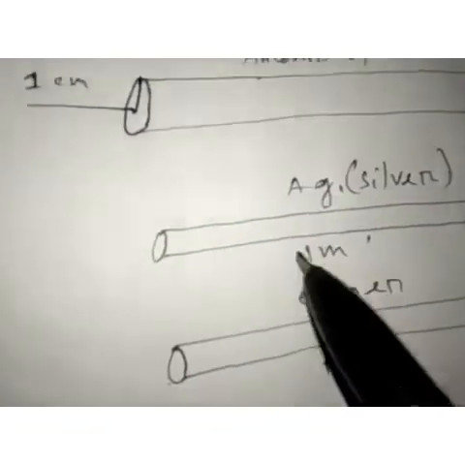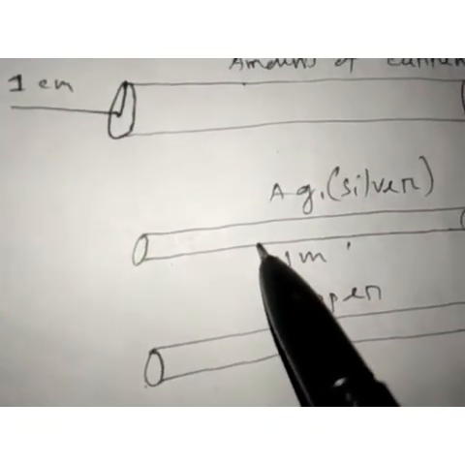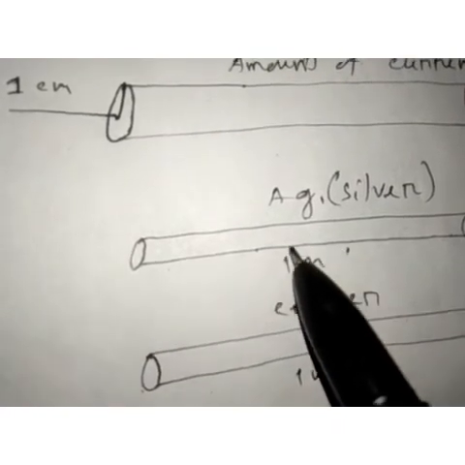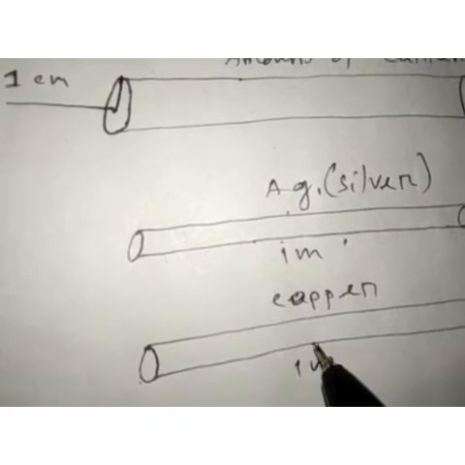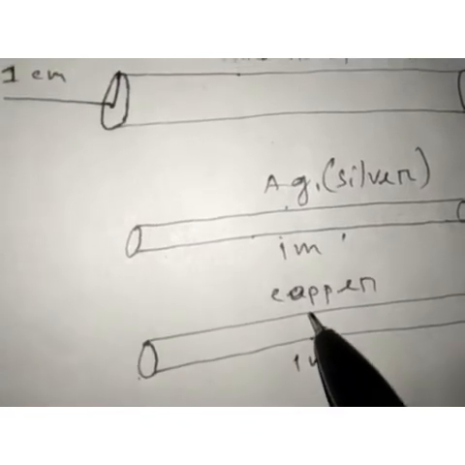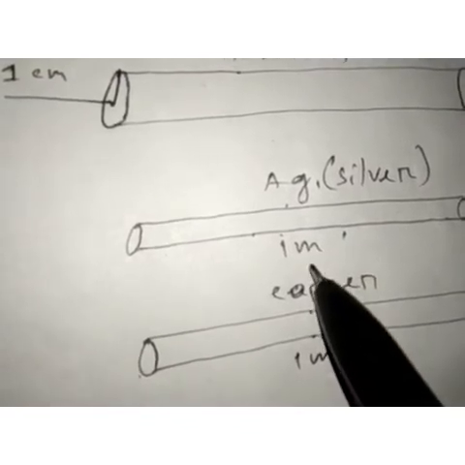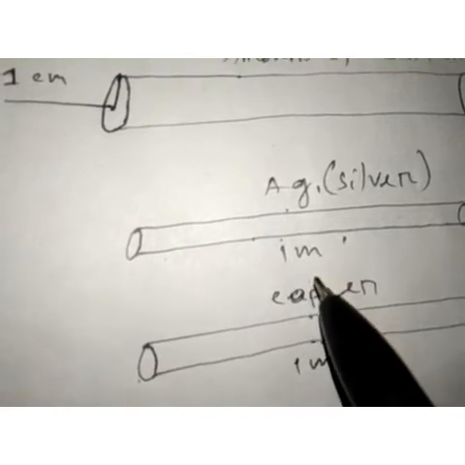Look, this is also a conductor, but this conductor is made up of silver metal. This other conductor is made up of copper wire, but both have the same length.